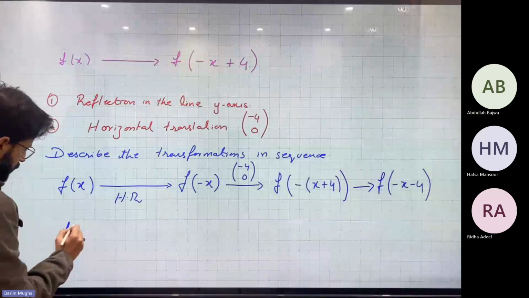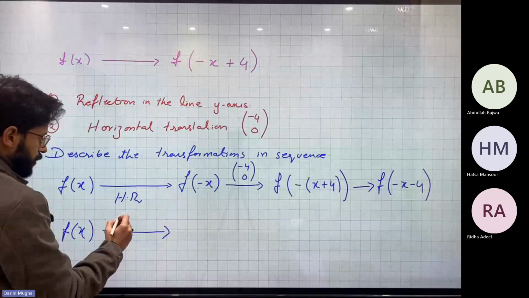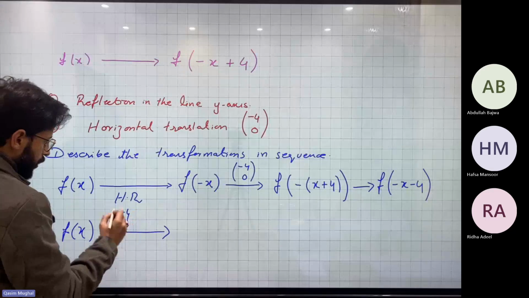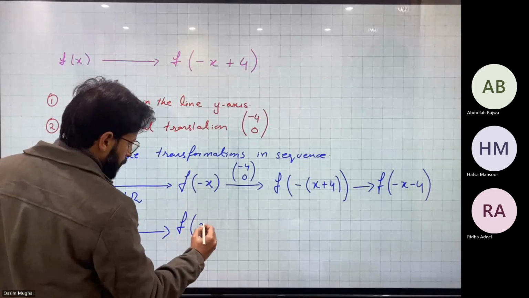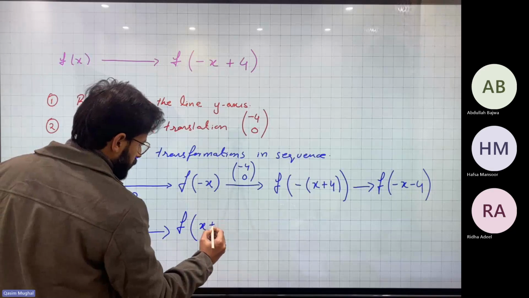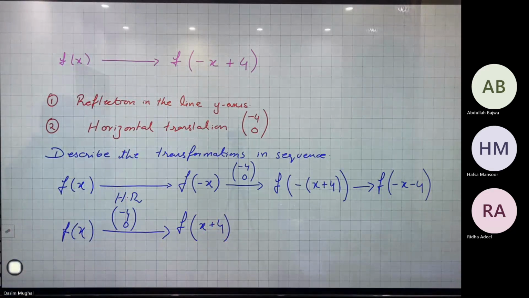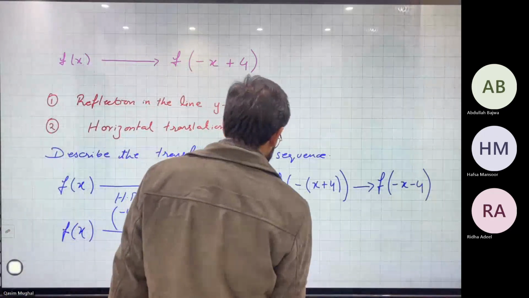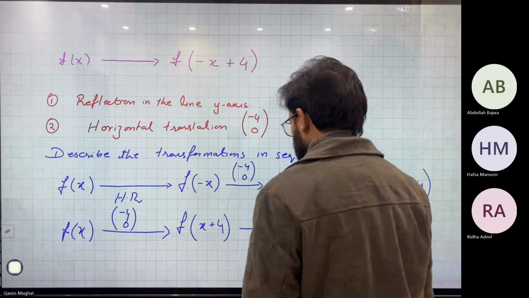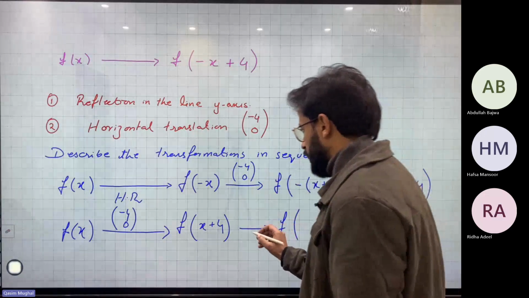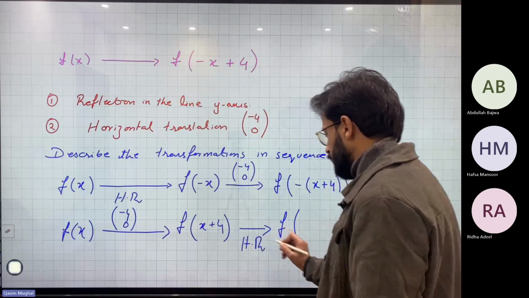Another possible way is you do the translation first. You apply the translation first, and that will result in x + 4. And then you apply the horizontal reflection.